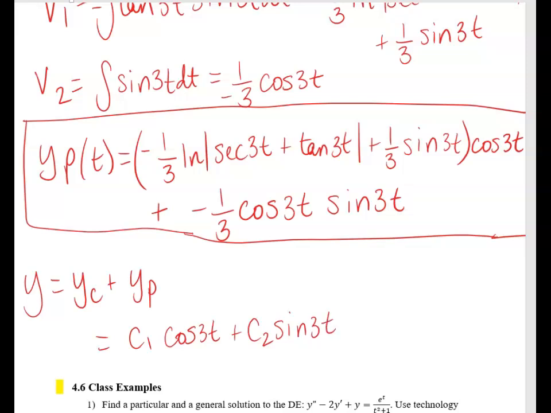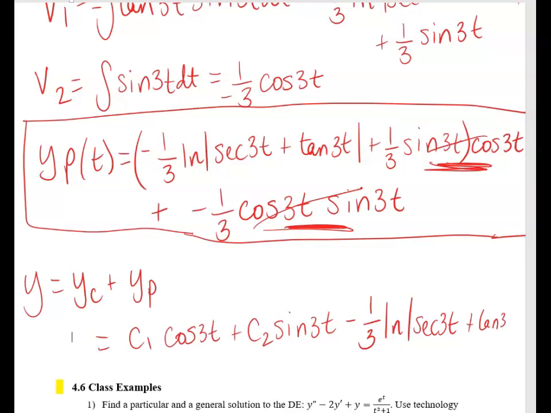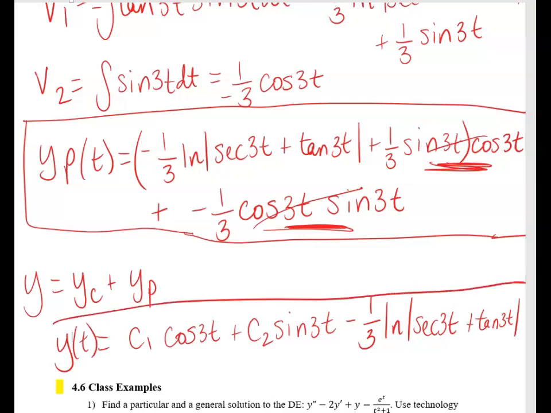And then observe back here that because you had a positive 1/3 sine of 3t cosine of 3t, and then you had a negative 1/3 of that same term, those actually ended up canceling out and just leaving me with that natural log term. So minus 1/3 times the natural log of secant 3t plus tangent of 3t. And that's it. That's going to be our general solution to the original differential equation.